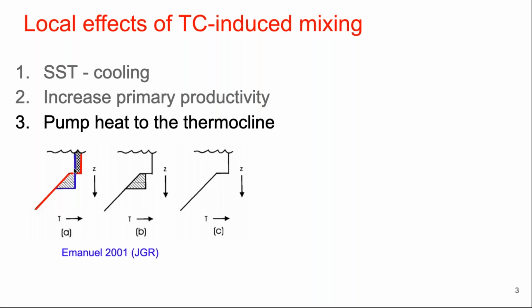After mixing, the mixed layer becomes deeper and the temperature is cooler. So the total heat from the surface, the rectangle area here, is pumped down to the diagonal area.